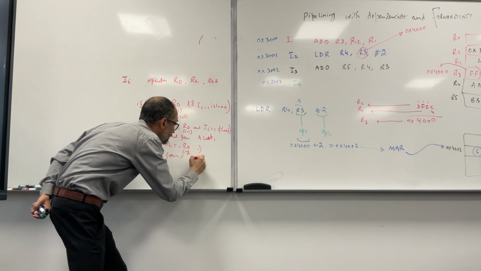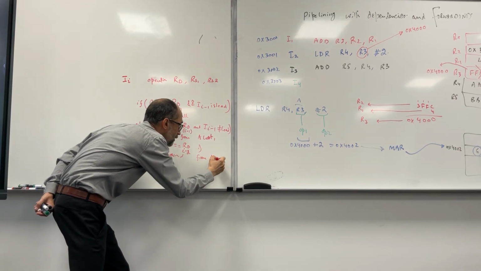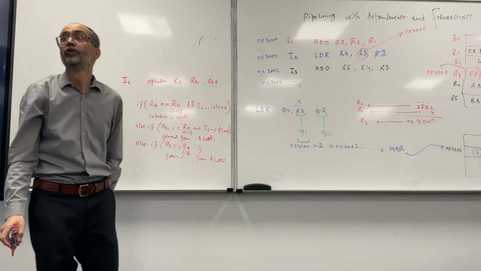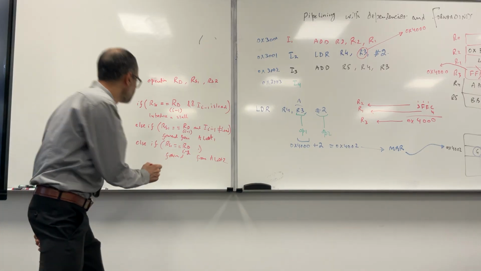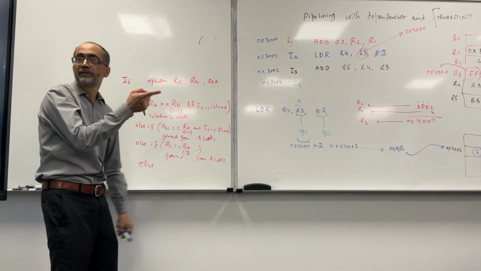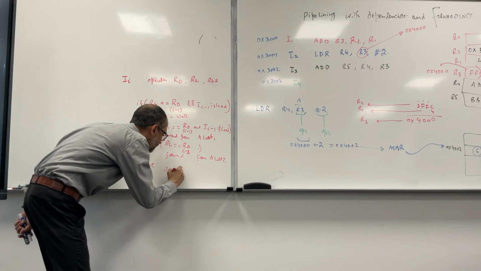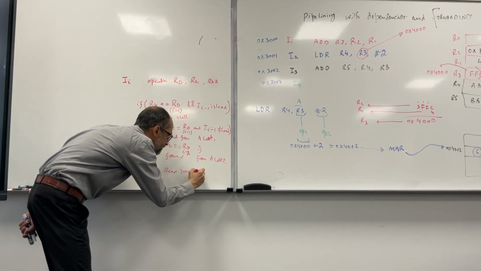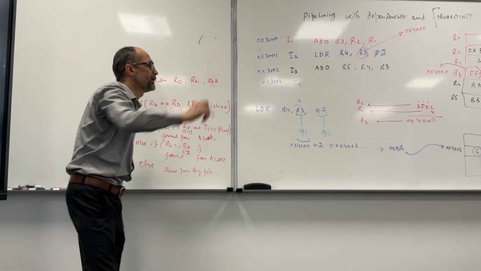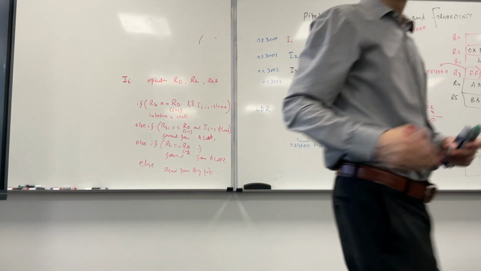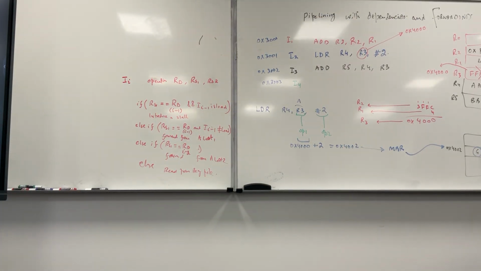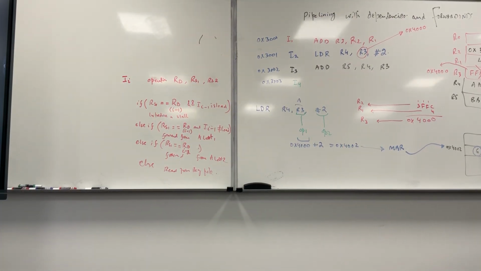Forward from ALU out 2, and else it means it is depending on I-3 or so on. So then we can read from where? From register. Any question? Clear? And then I will cover some new scenario. I will explain this with some example. Clear?